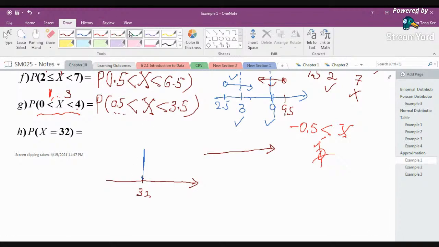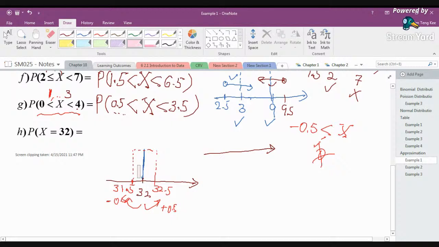And since we are doing approximation, instead of referring to this straight line, we're going to turn this straight line into a bar, where the bar is constructed from 31.5, which is 32 minus 0.5, and 32.5, which is 32 plus 0.5. From here to here, plus 0.5, the other side, minus 0.5. So we are referring to the region of this bar here, and therefore, your probability is referring to 31.5 less than x, less than or equal to 32.5. There goes your answer.